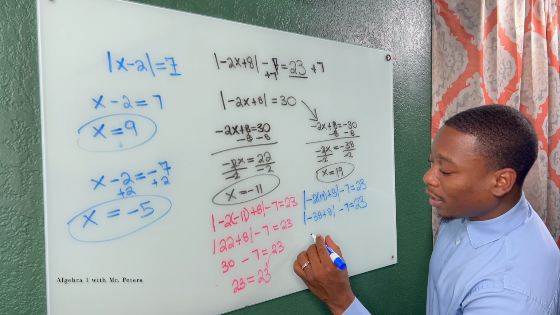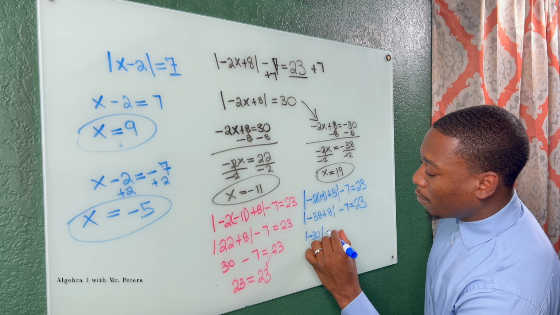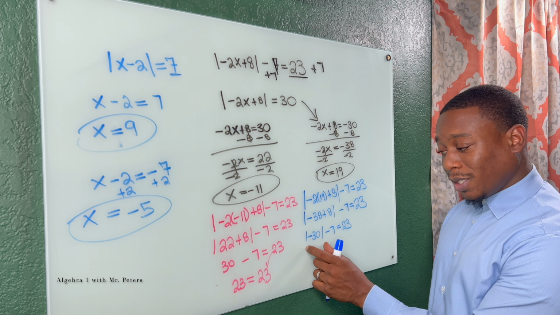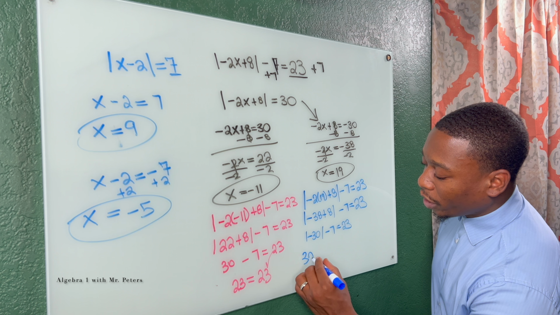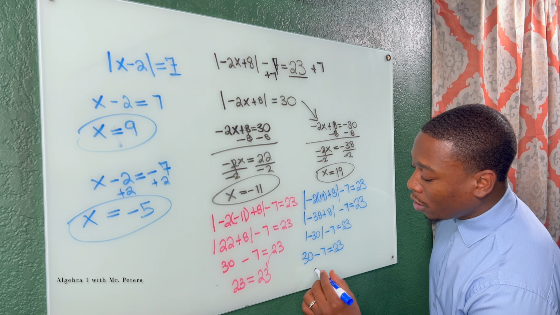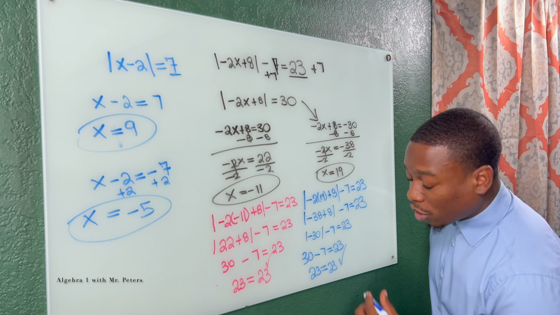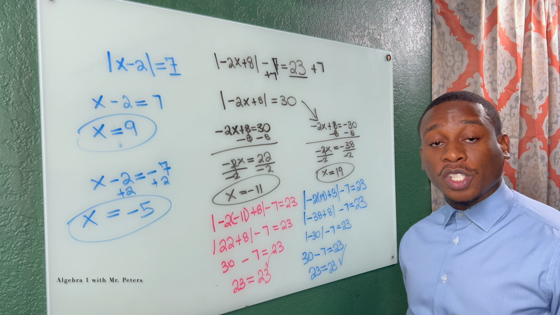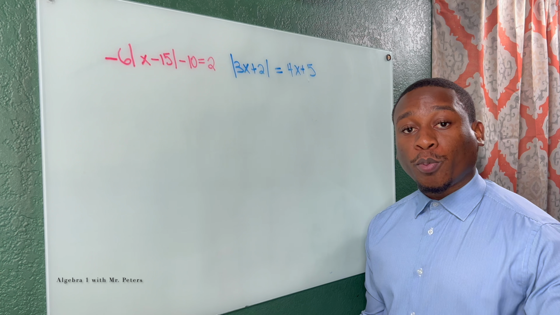So once we combine this, we have the absolute value of negative 30 minus 7 is equal to 23. So once this comes out, now it becomes positive. So we have 30 minus 7 is equal to 23. So now we have 23 is equal to 23. So for this absolute value equation, there are no extraneous solutions because both of the answers are going to satisfy it. Next two problems, family.